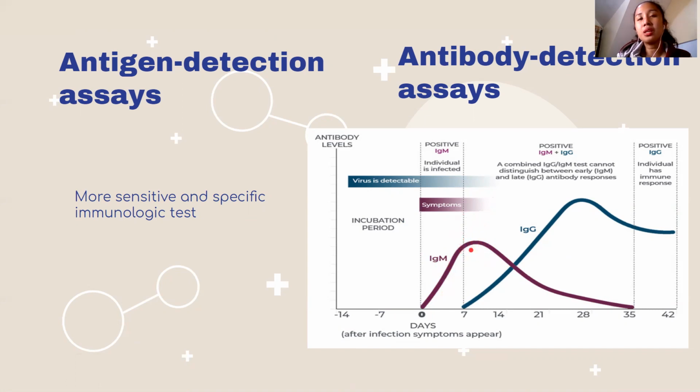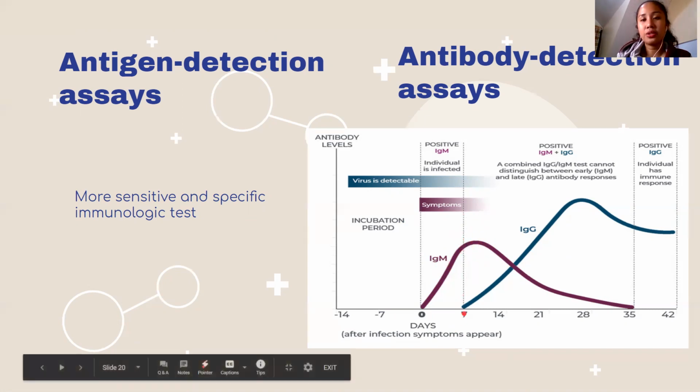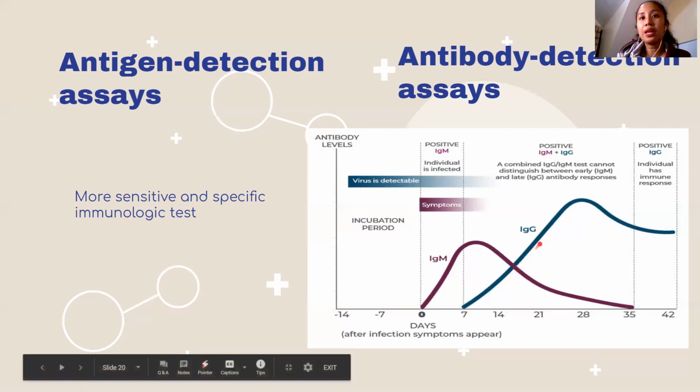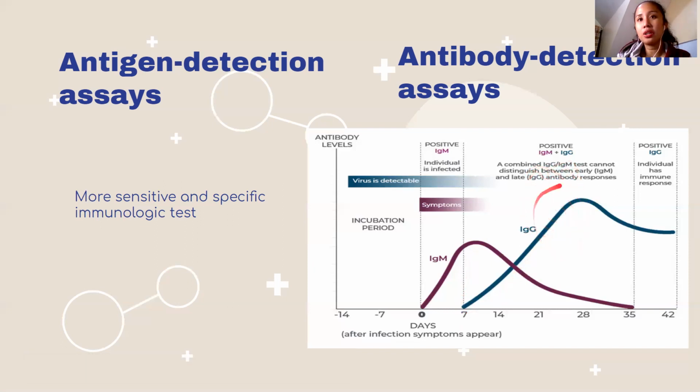But if IgG is what is being tested, even though you no longer have any symptoms, after the peak at about 28 days you are still positive for IgG. So, IgG are usually late antibody responses. Sometimes, even though you're already healed of that disease, you are still positive for IgG.